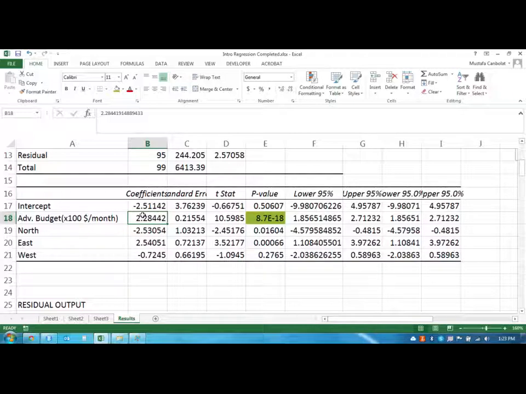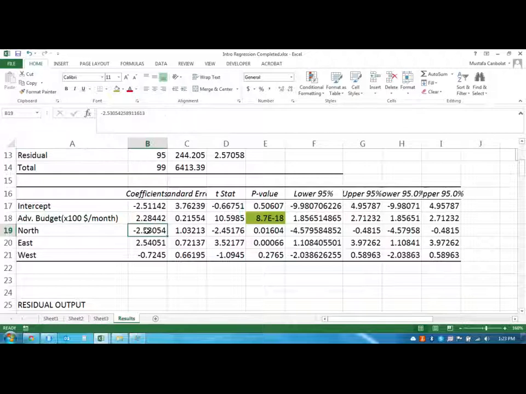That's the explanation. So for 1 unit increase in this value increases the sales by 2.28 units, but this is scaled by 100 and the sales is scaled by 1,000.